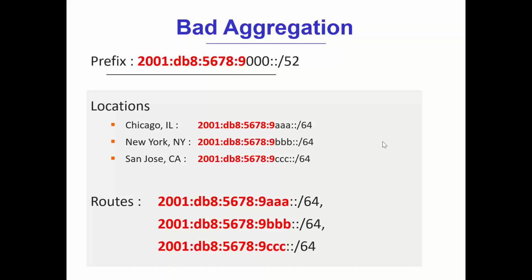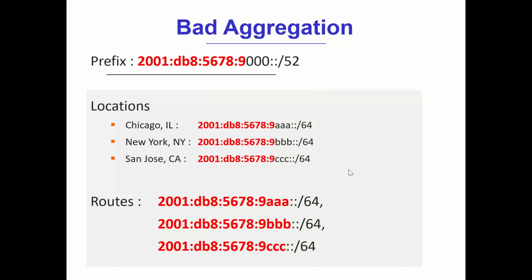When you start doing route aggregation, when the router wants to send packets, he's going to try to aggregate to the nibble. He's going to say, what's the closest that I can come to? If I can get to 2001:DB8:5678 9, that's a /52.